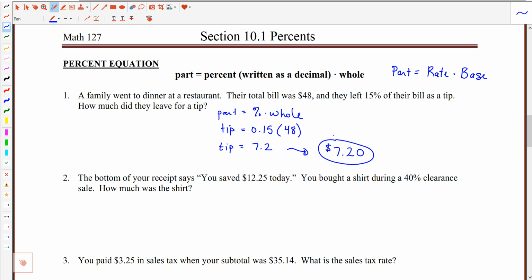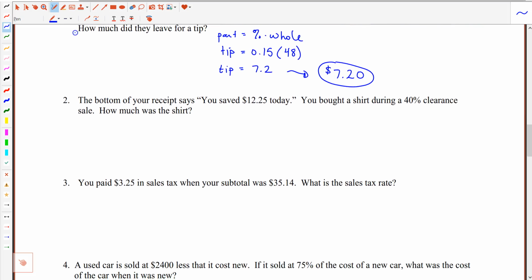Let's take a look at another scenario. So it says the bottom of your receipt says you saved $12.25 today. Now you bought a shirt during a 40% clearance sale. So how much was the shirt? So again, in this percent equation, the part is equal to the percent times the whole.